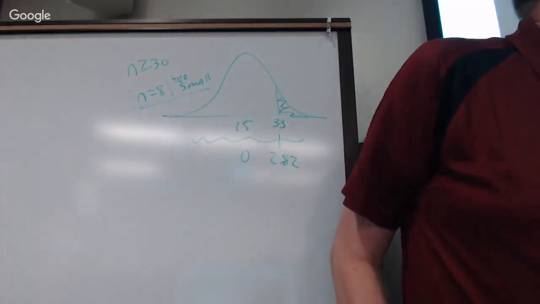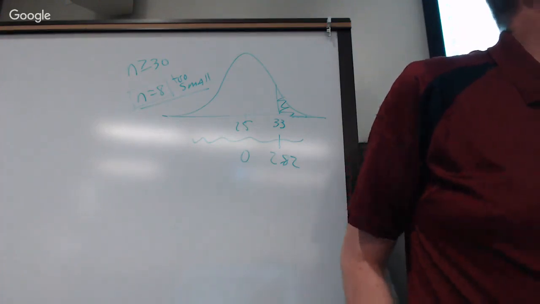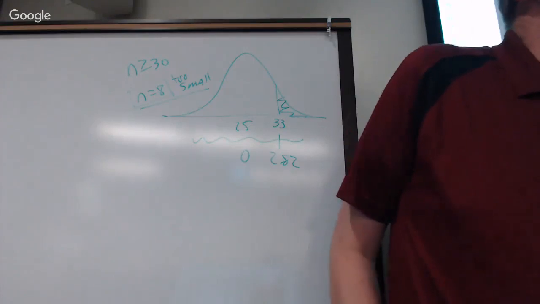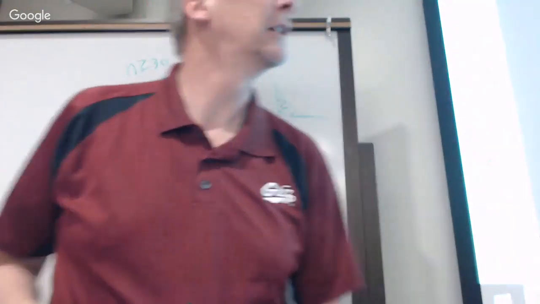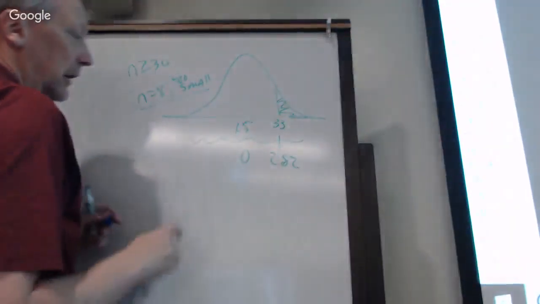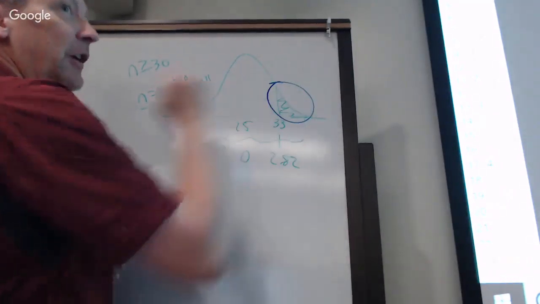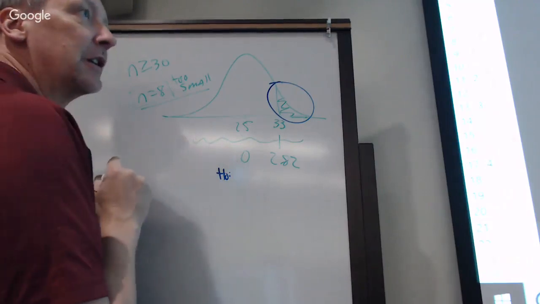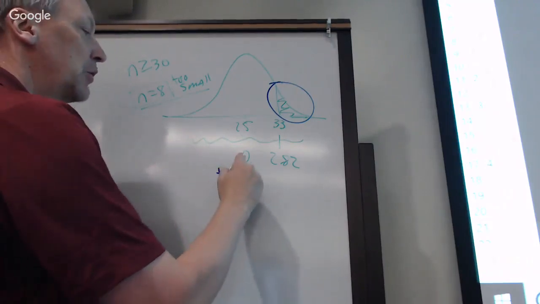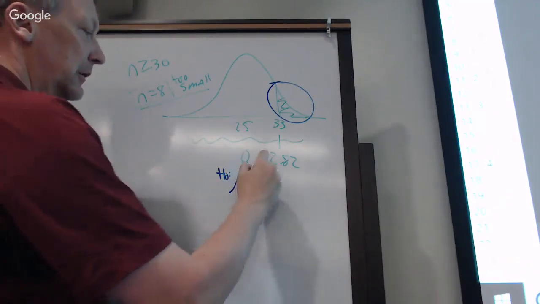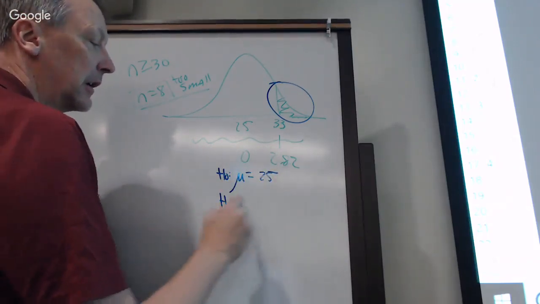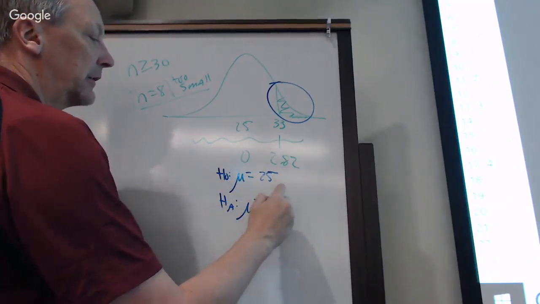Just for fun, is this a right-tailed test, a left-tailed test, or a two-tailed test? And how do you know? It's a right-tailed test. That's correct. The shaded area is on the right side of the graph. Why else? My null hypothesis was mu equals 25, and my alternative hypothesis was mu is greater than 25.